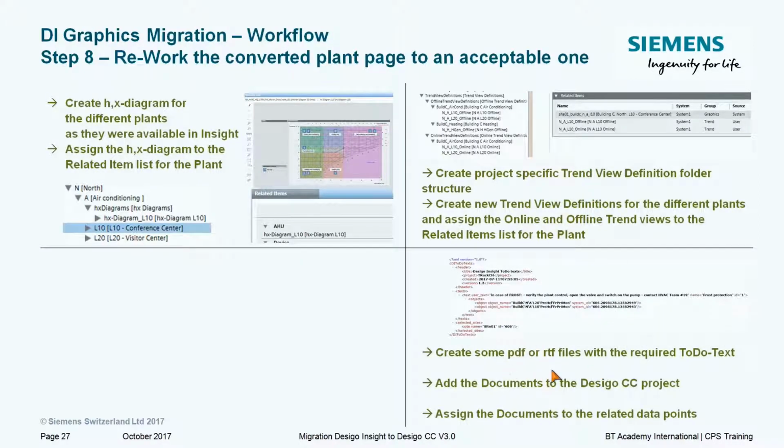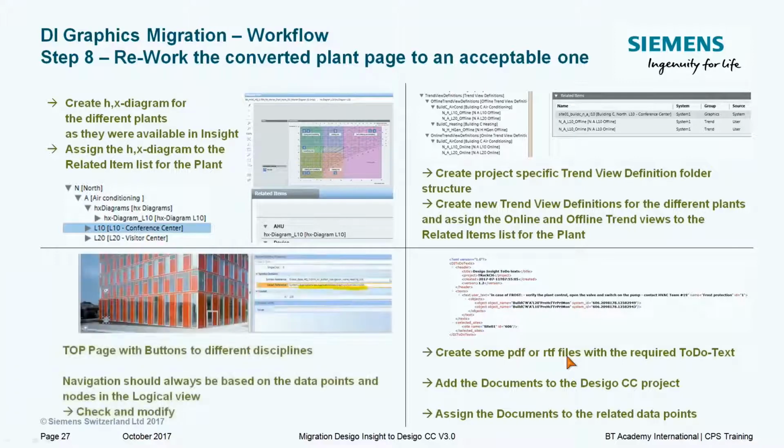And create some PDF or RTF files with the required to-do text. Or here, you could use the assisted treatment. This is another possibility. It doesn't require a license because you are using the standard feature set. So either recreate the to-do text with PDF or RTF files, or use the assisted treatment.